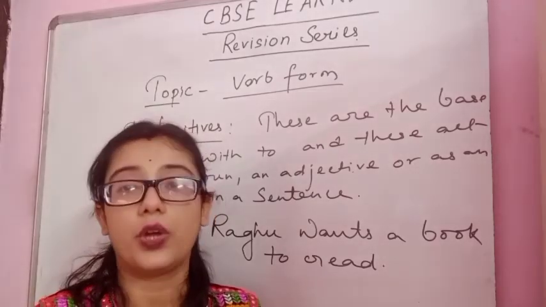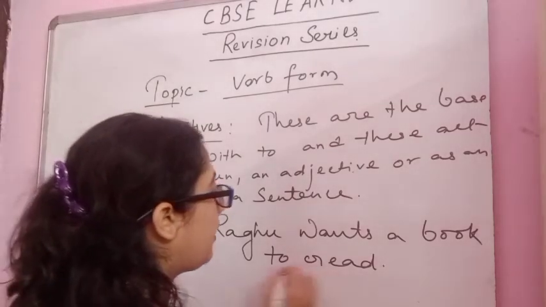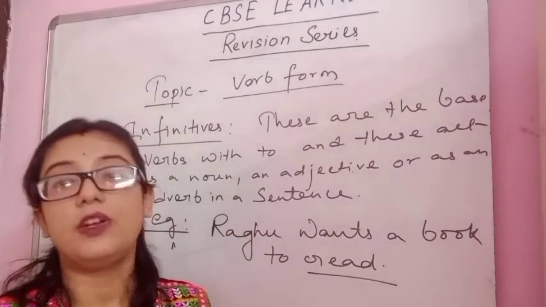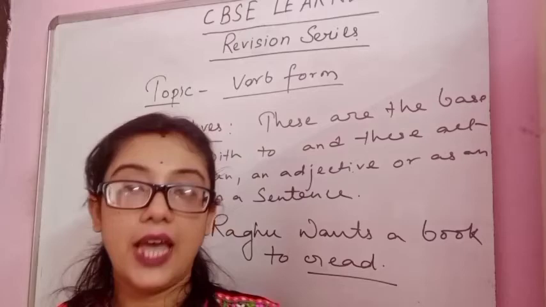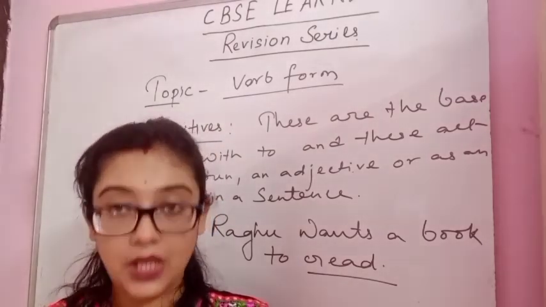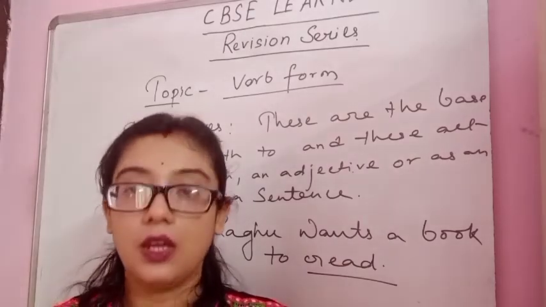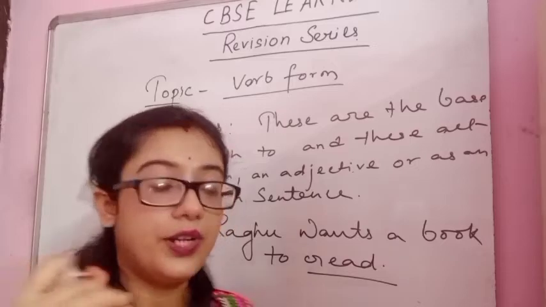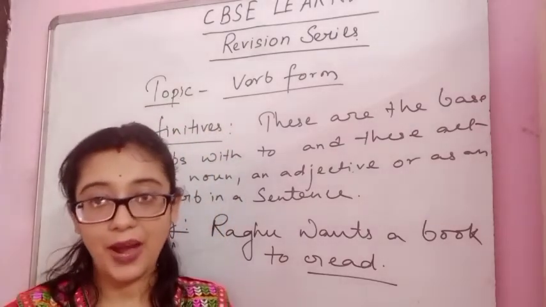It is describing the book. He needs a book to read. So here it is acting as an adjective. So whenever these words act as an adjective, as an adverb, or as a noun, we call them infinitives.